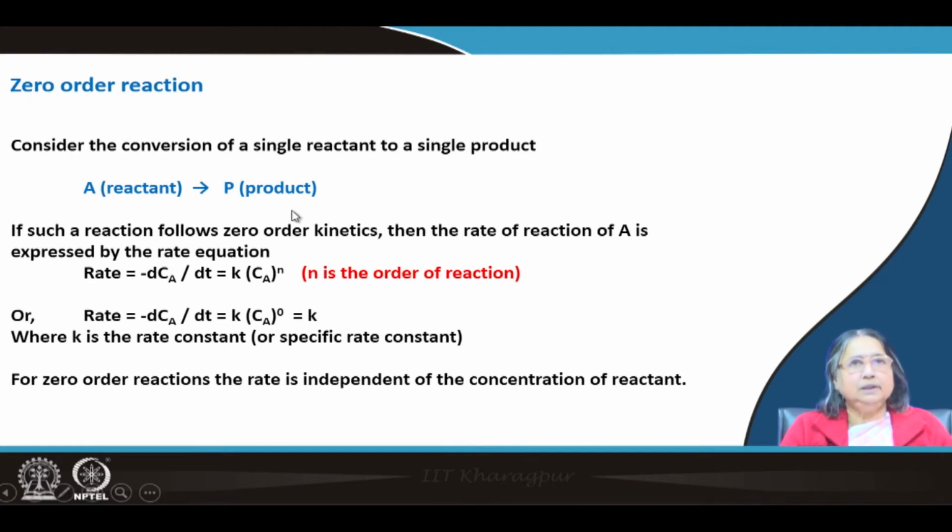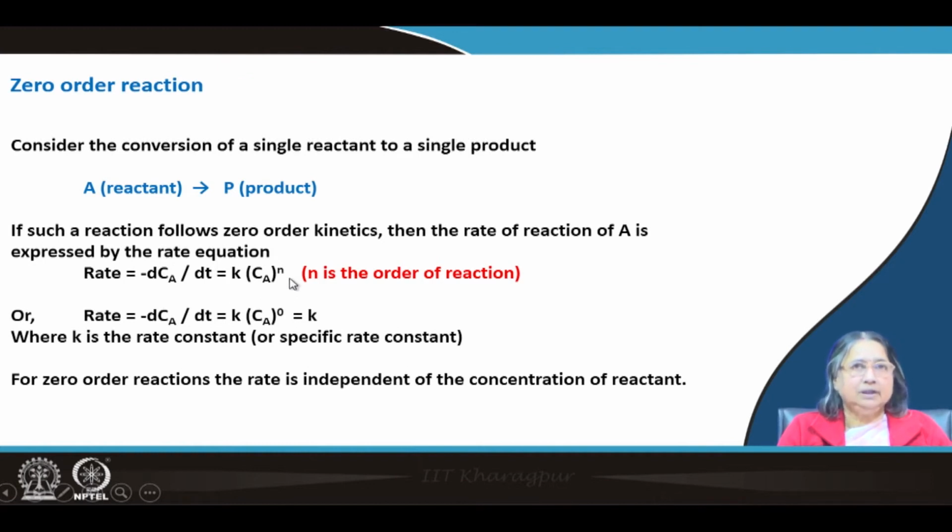Say for example, if we consider this simple reaction where A is the reactant and P is the product. Say this reaction is following zero order kinetics. Then from the rate expression we can tell that the rate is nothing but k into C_A to the power n, because here the reactant is A. This is the rate law or rate expression.